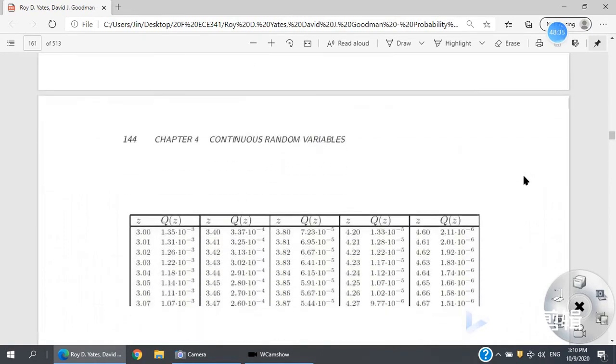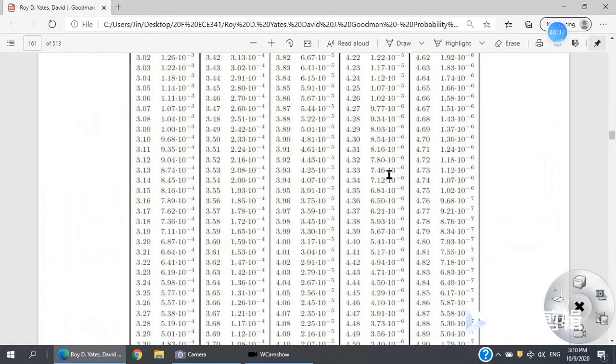The first table is enough. The second one is for very tiny values. Like here, the probability is quite small, 10 to -4. Here you have 10 to -7. So it's a very small probability. These kinds of things we only need for very accurate calculations. Usually we won't use it.